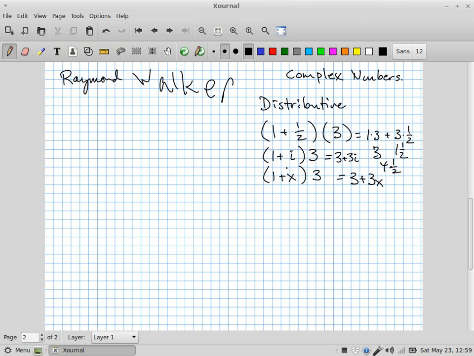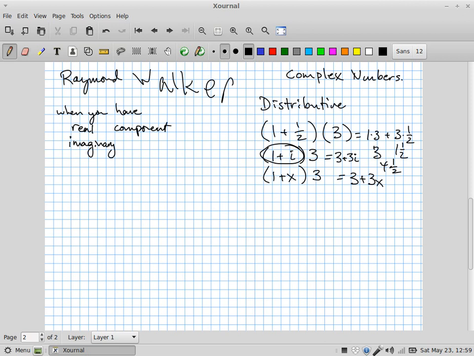It looks like the sum of a real number and an imaginary number, but I'm going to treat that as a number together when you have a real and an imaginary. We're going to call them components.